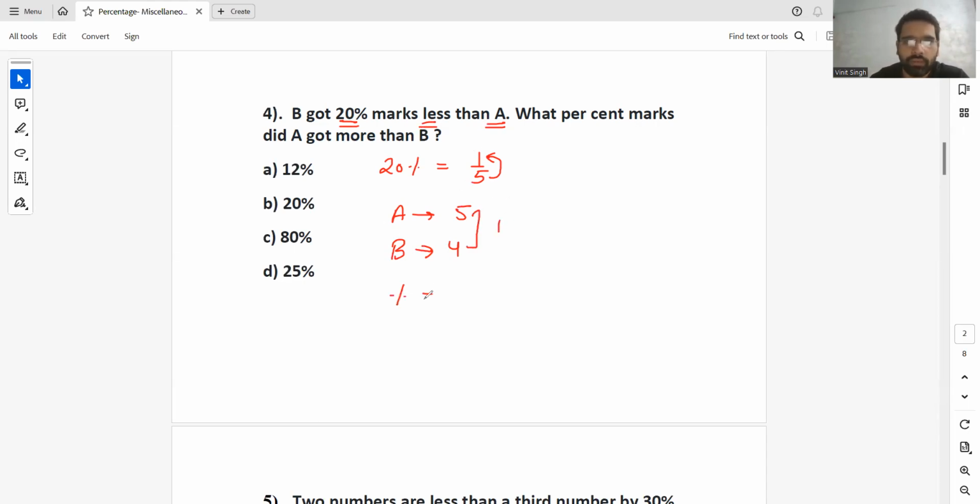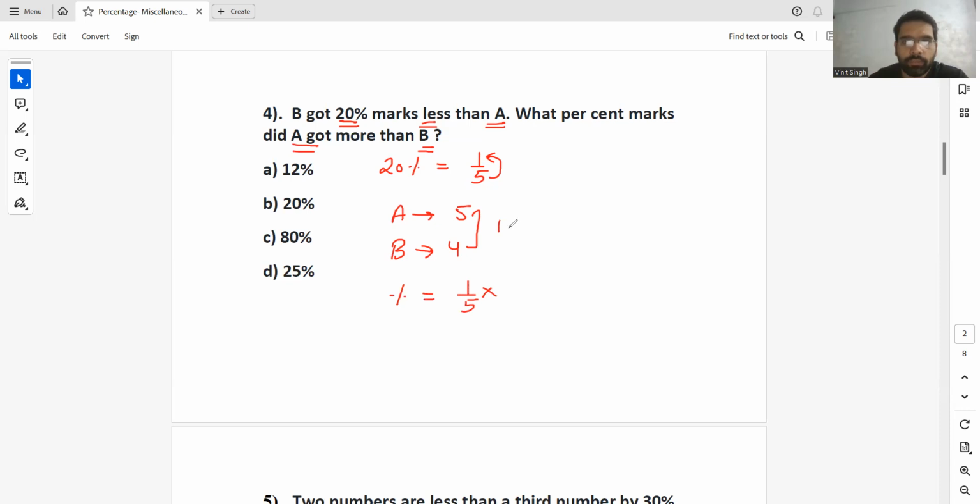So in percentage, we will write 1 upon 5 into... Now, what percent marks did A get more than B? So A got 5, B got 4. Clear?